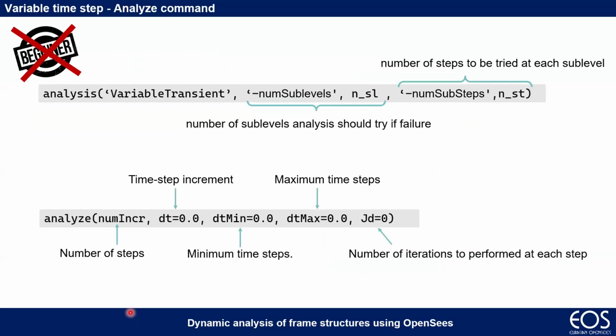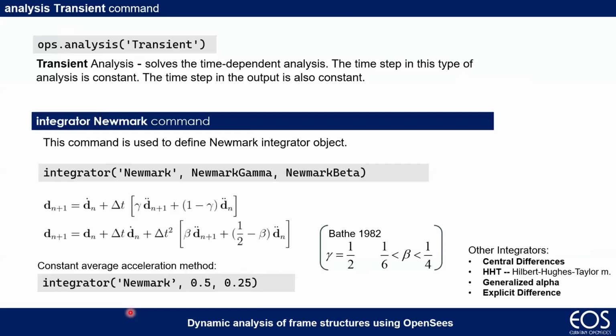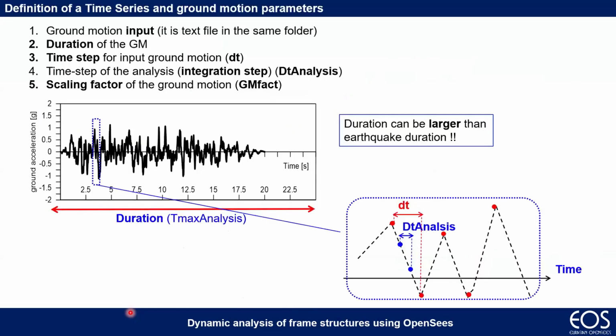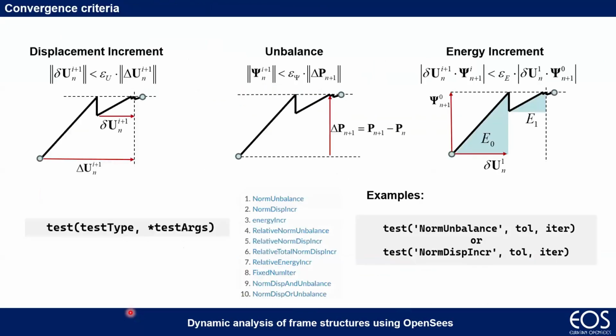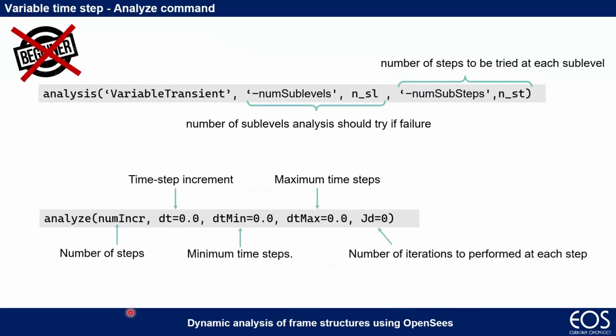Just a quick note, not for the beginners. In OpenSees, you can also use a variable time step. Instead of defining the time step fixed, as I showed you before, you can define the boundaries of the time step, and then OpenSees will change it if there are convergence problems.